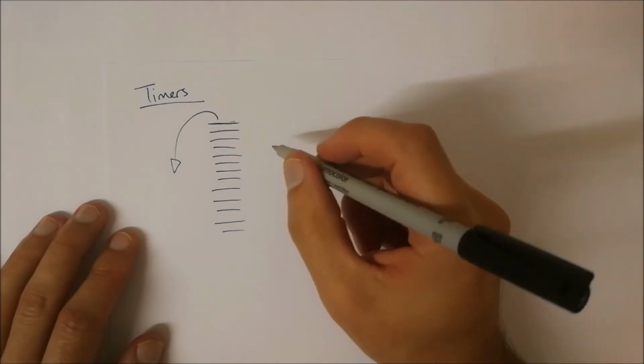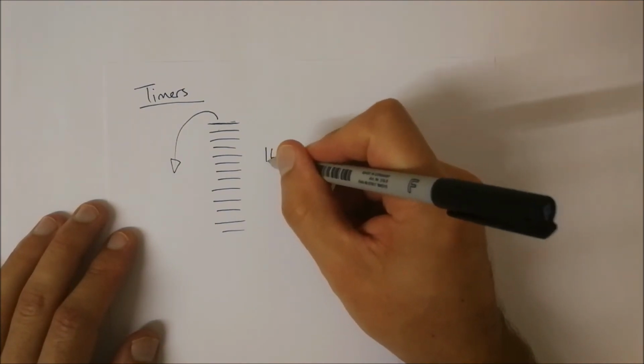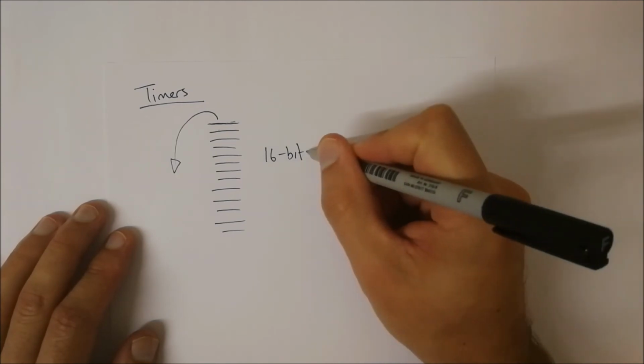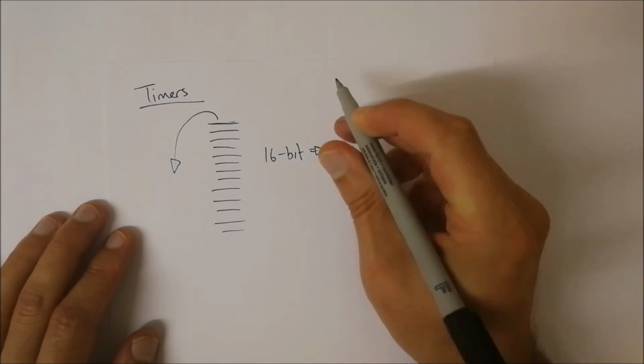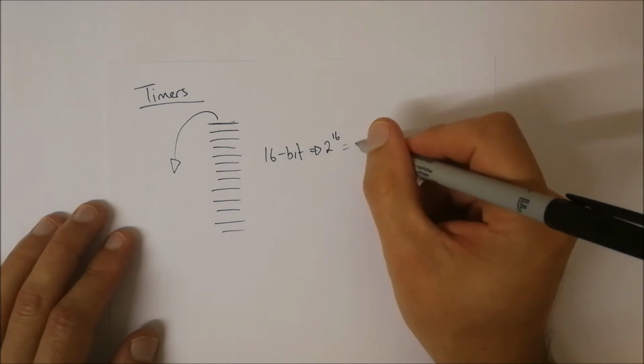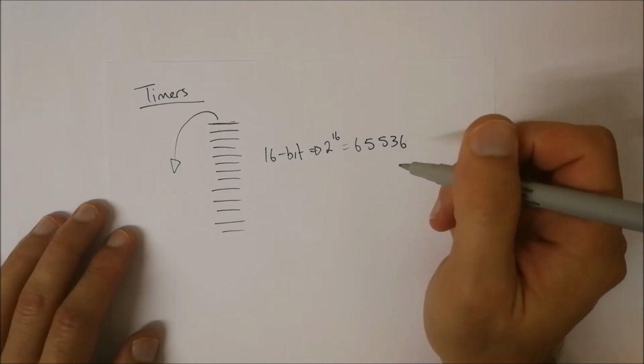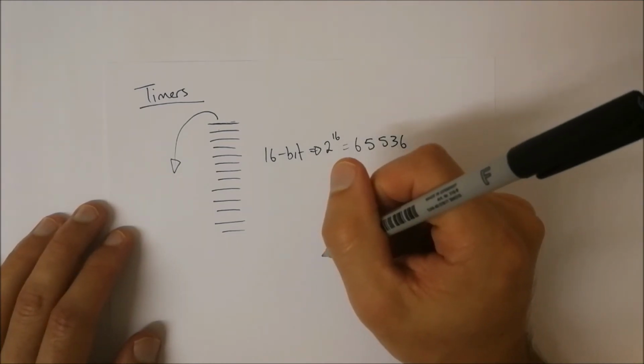Okay, so essentially that is a very similar principle we're going to keep in mind when we're working with timers. With this specific timer, we're going to consider a 16-bit timer. That implies it's 2 to the power of 16, which is equal to 65536. You can also use the 8-bit timer if you wish.